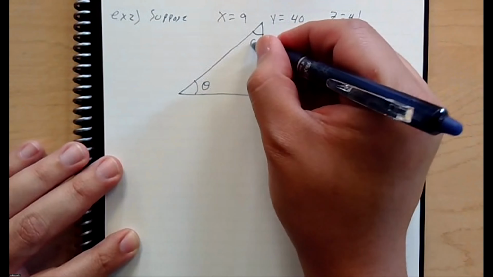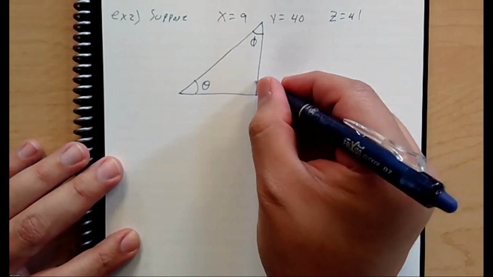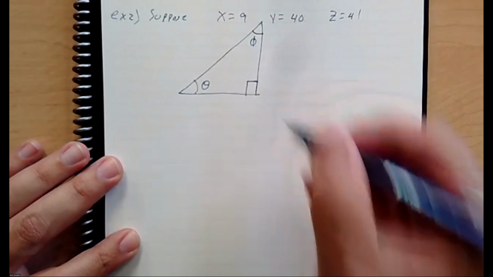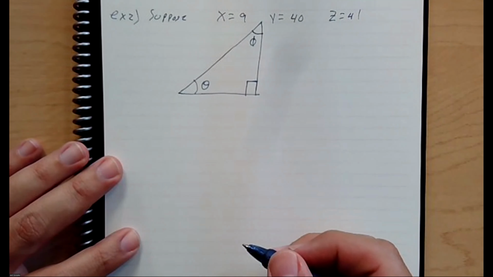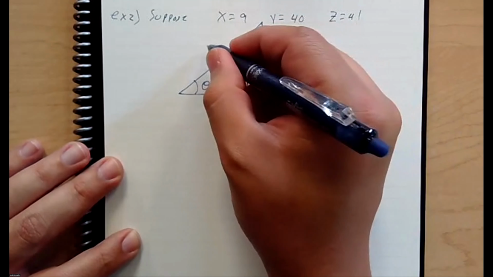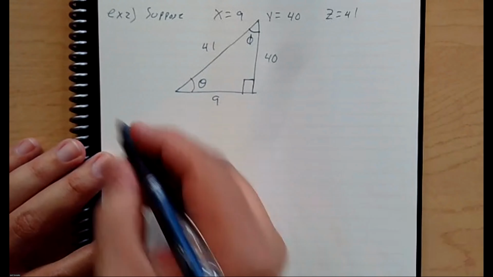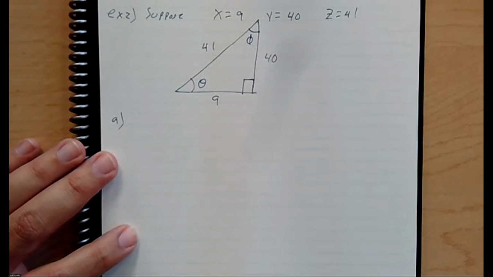Lowercase phi is over here. It's a right triangle. This side is 40, this side is 9, and this is 41. It's not drawn to scale. So we'll call this part A.